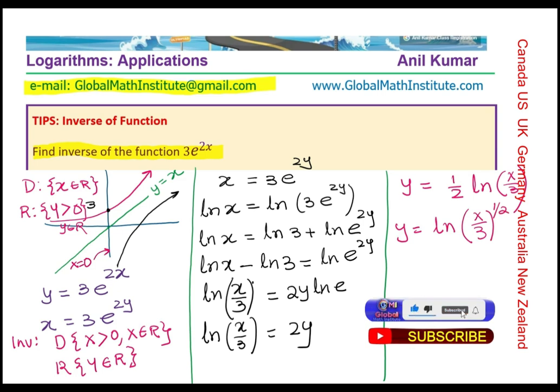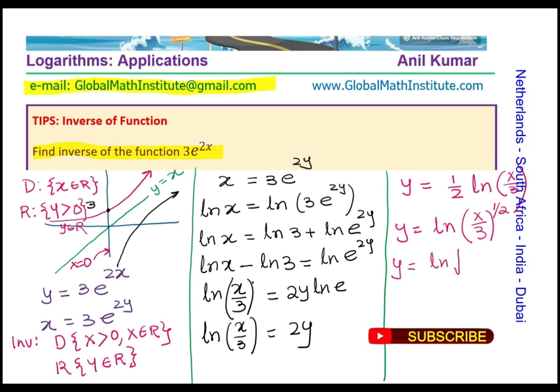So you can rewrite this as y equals ln square root of x over 3. So that becomes your inverse function. Now we'll write in function notation: f inverse of x is equal to ln square root of x over 3.